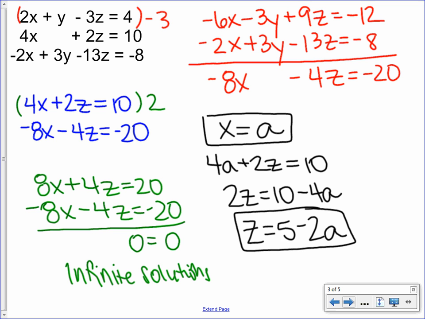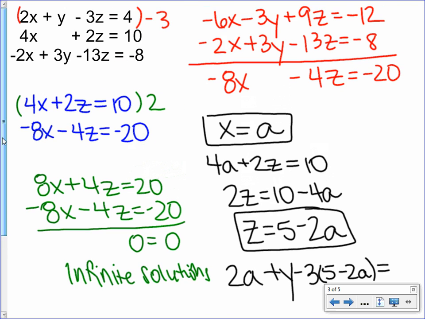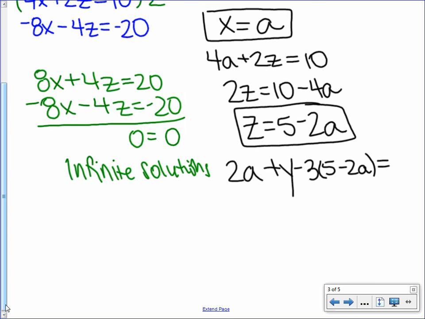And so then, how do we find y? Plug those in. I'm going to pick the top equation because it doesn't have a coefficient for the y. So our top equation is 2x plus y minus 3z equals 4.